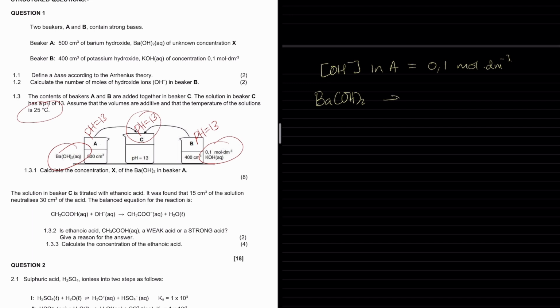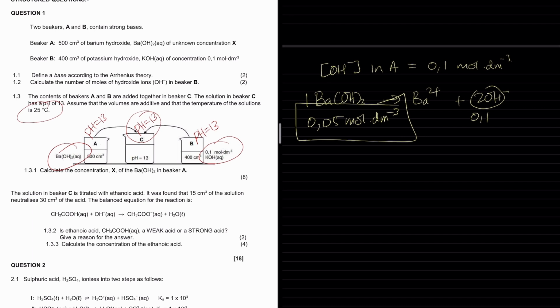Ba(OH)2 will break up, it'll give you Ba2 plus, and it'll give you 2OH minus. If this concentration is 0.1 and the ratio is 2 to 1, this concentration must be half of that. So 0.05 moles per dm cubed. And so that's the answer.